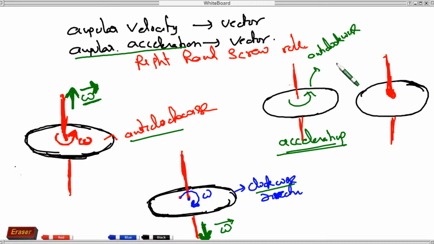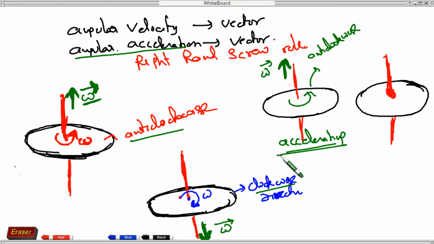What would be the angular velocity vector? This would be the angular velocity vector.